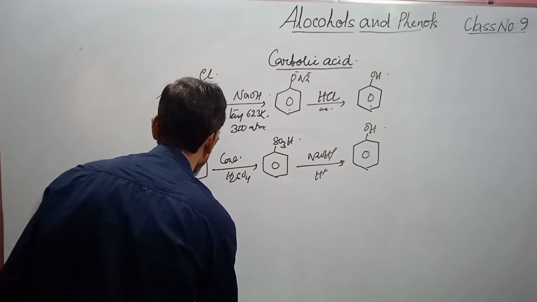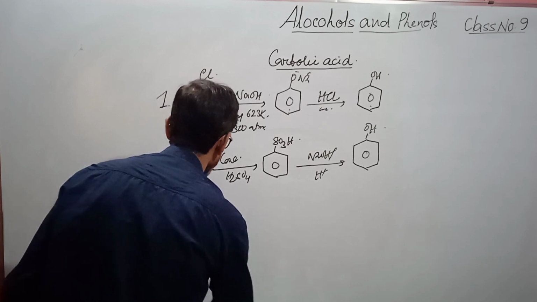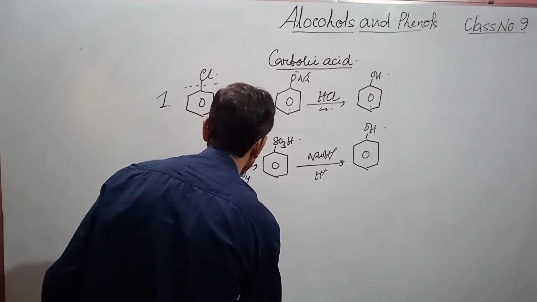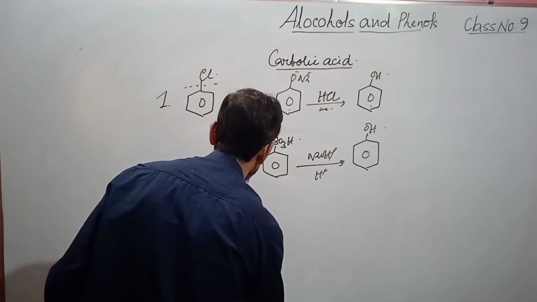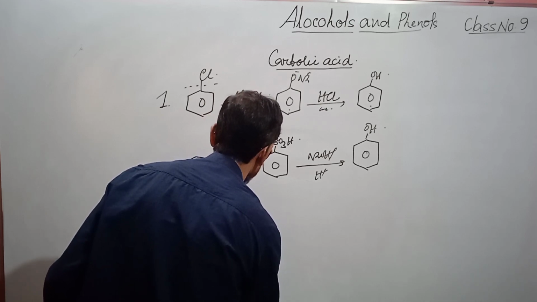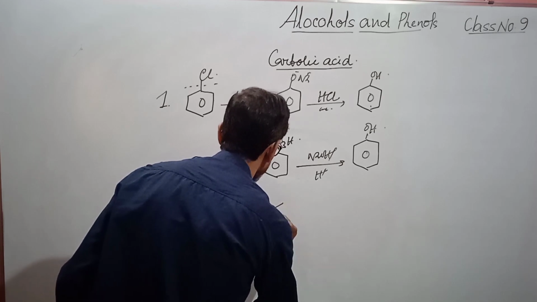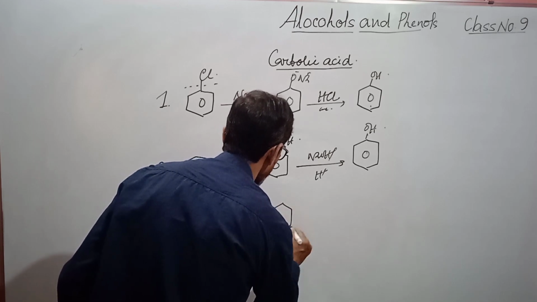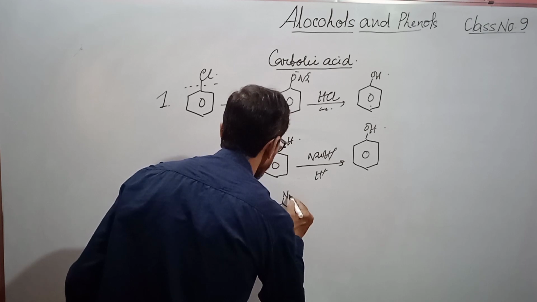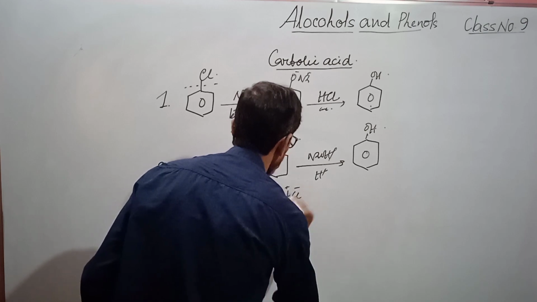Third one is to take aniline, and in my previous class I told you nitrous acid, NaNO2 plus HCl. This will give a very important compound, benzene diazonium chloride. Am I right?